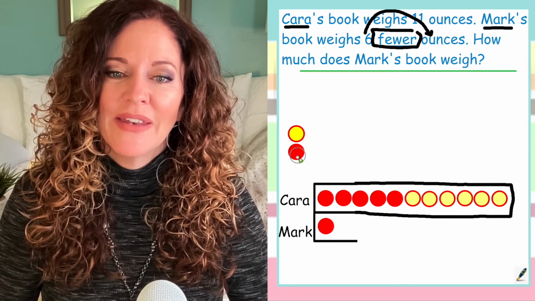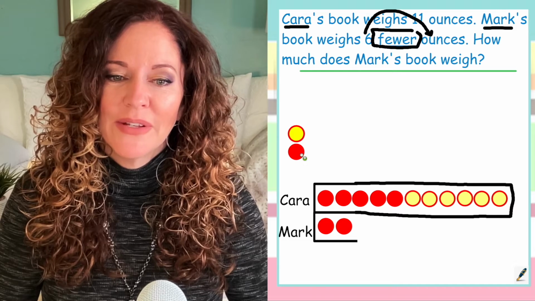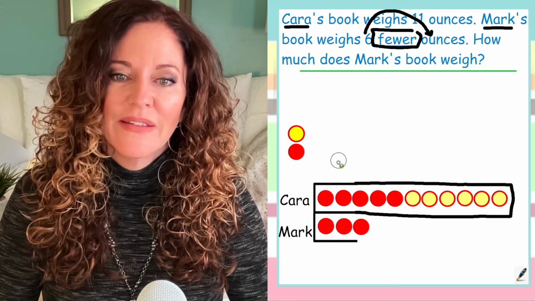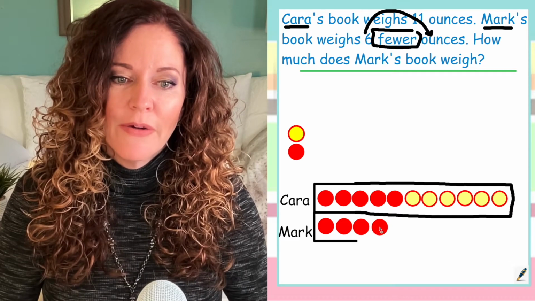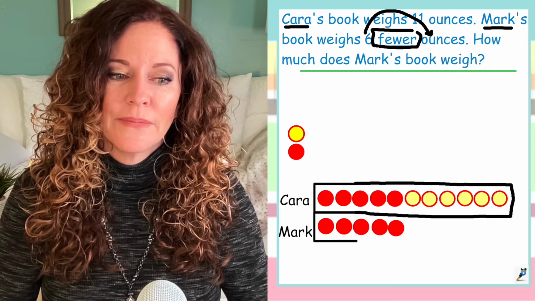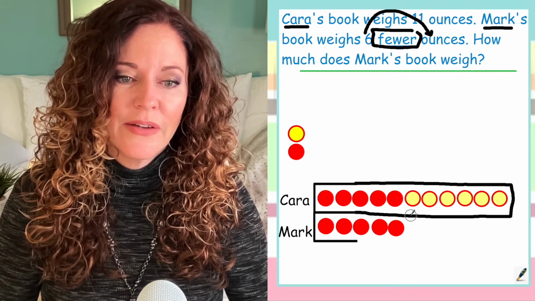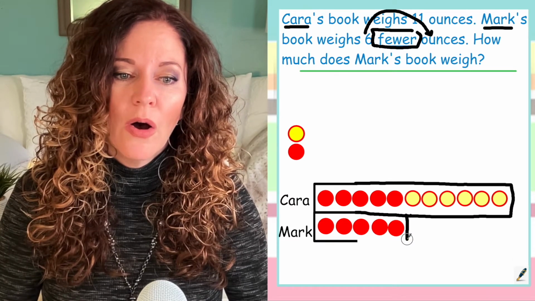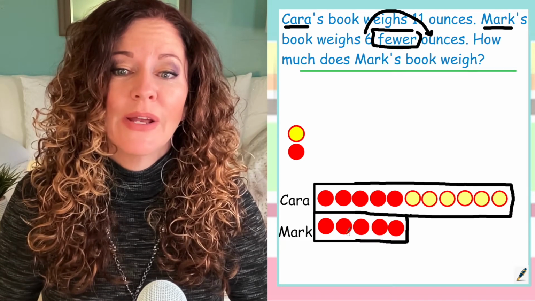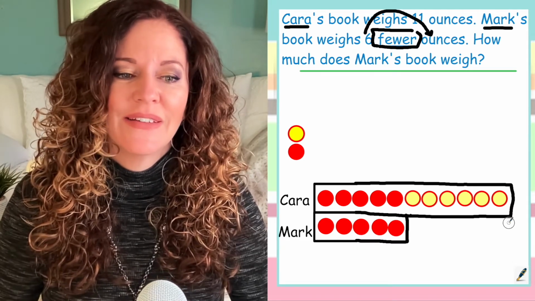So I'm going to go ahead now and pull down those red counters to show that Mark has that same number of red as Kara. Because when we're comparing, we're always looking for what they have the same and what one has that is different.